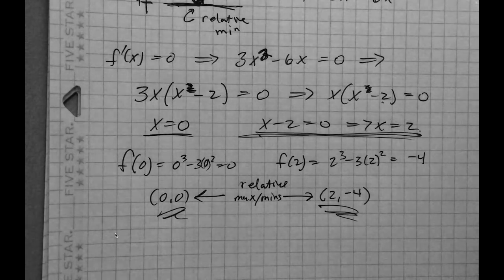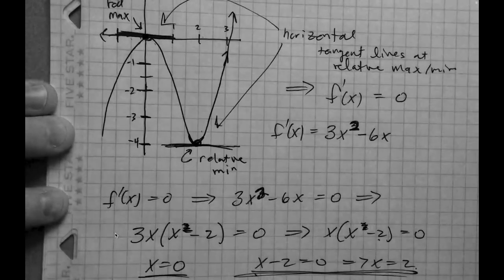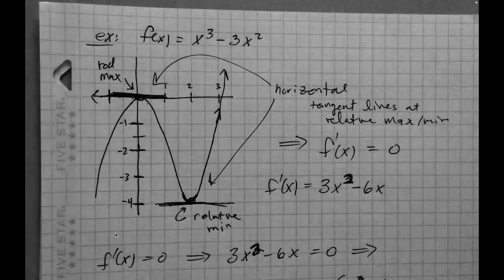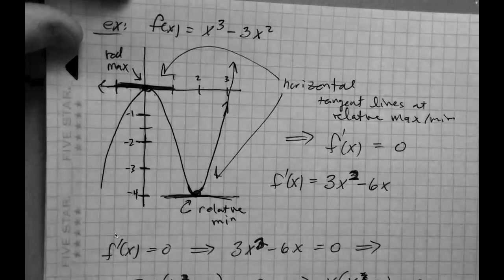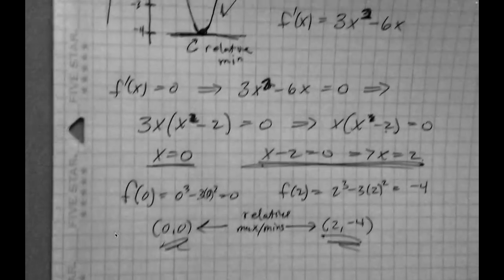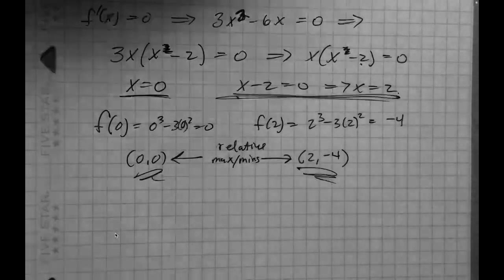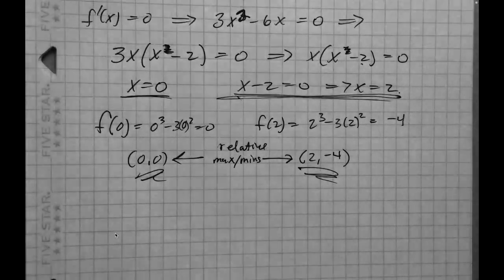So there's an example, just kind of working through, starting with a function. And in this case, we graphed it for some intuition, but you'll see that it's actually not necessary to graph the function to find those relative extrema. So let's take a look at another example. Okay.